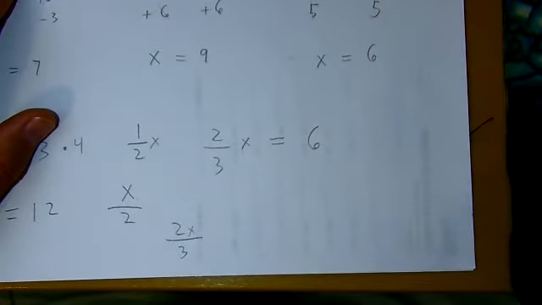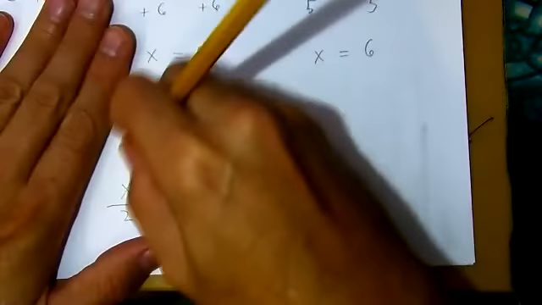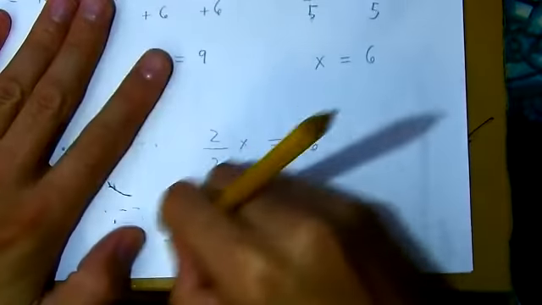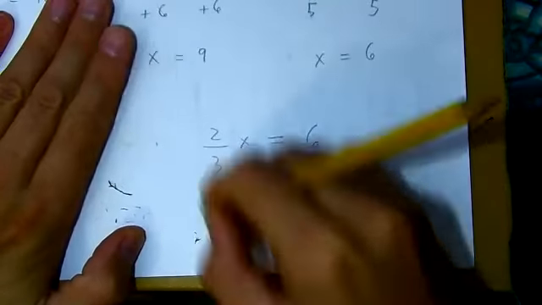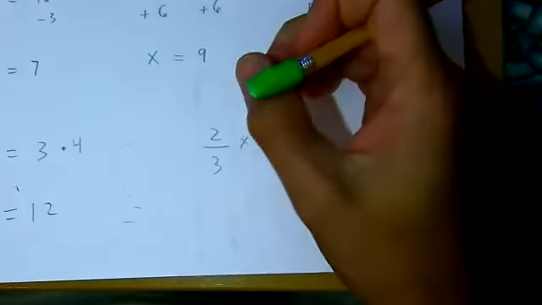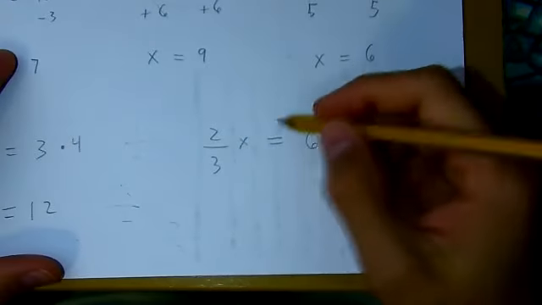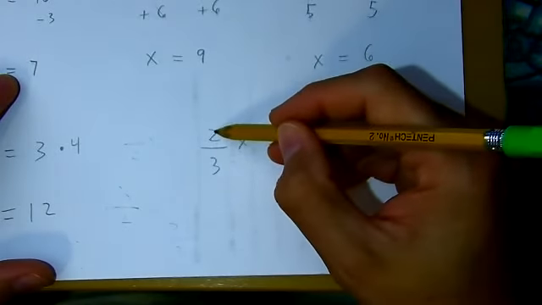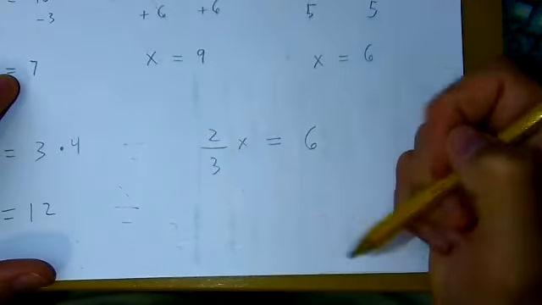So 2/3 x equals 6. I'm going to erase this so it looks less complicated. So what's happening is the x is getting multiplied by the 2 and it's getting divided by the 3.